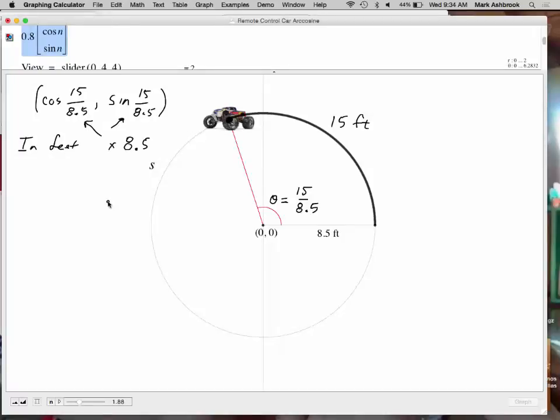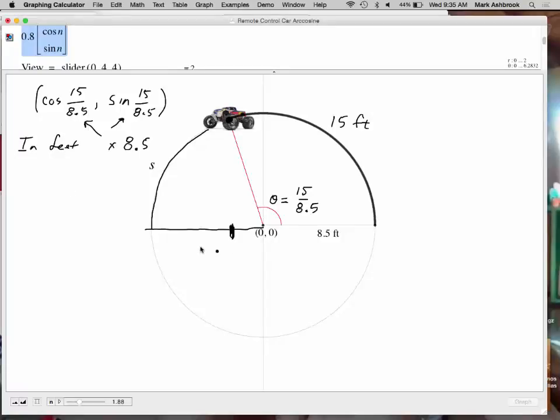So let's do estimates in feet. What do you estimate the cosine to be in feet? Not the cosine, sorry. The position of the truck to the right in feet. First of all, negative or positive? How many feet to the right? If this is 8.5, you think it's about what? 2.